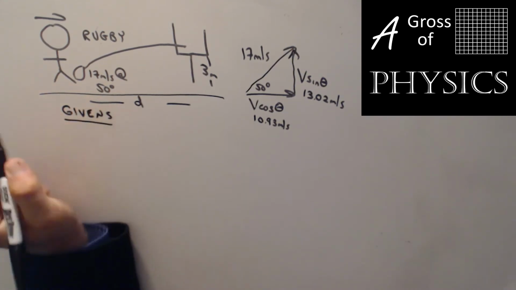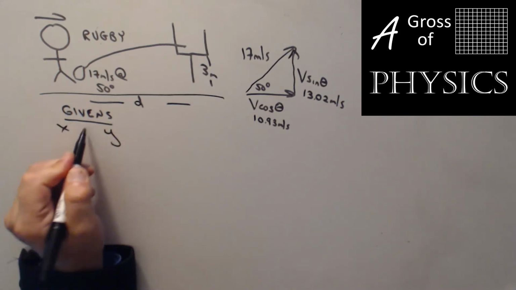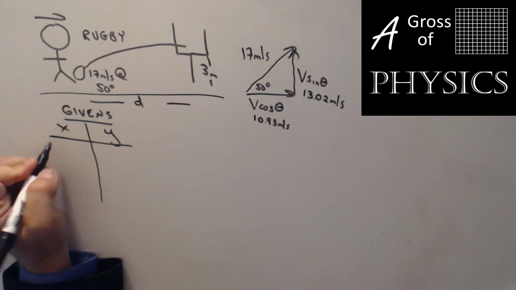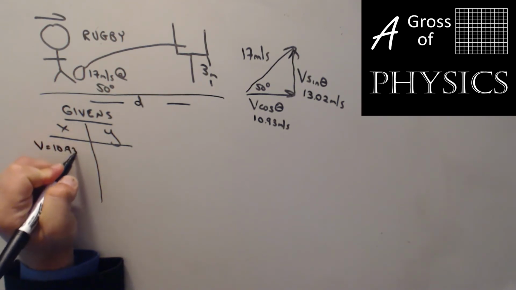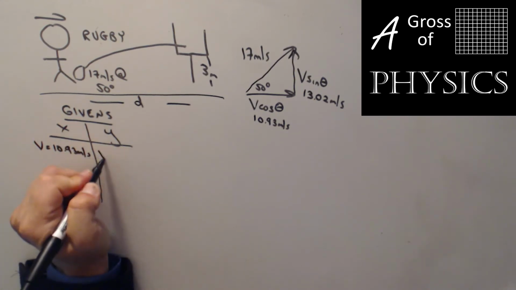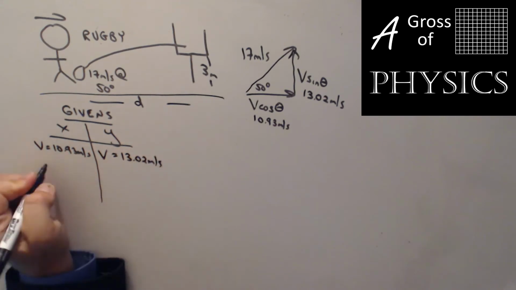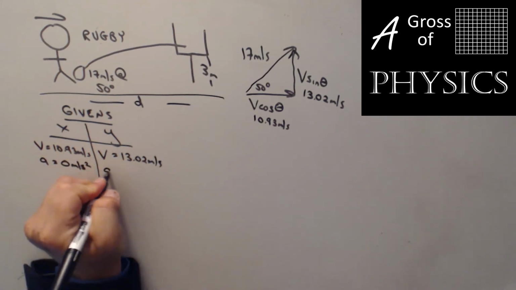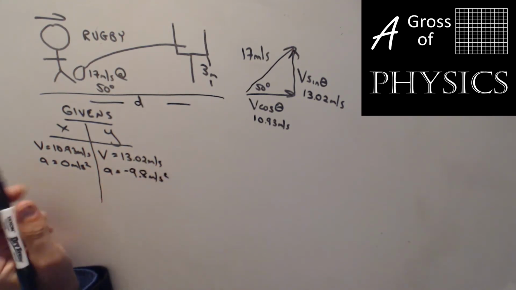All right, so then what we do in this case, as we've done before, we set up our givens list. We have our x and we have our y. And we'll start with v in the x, which is 10.93, v in the y, which is 13.02, a is 0, a is negative 9.8 for the x and y.